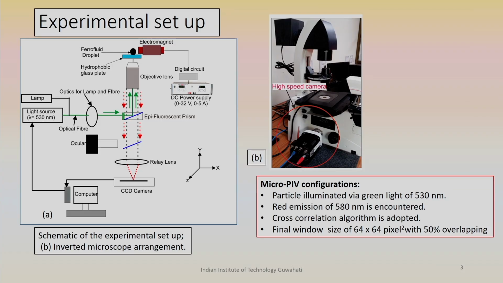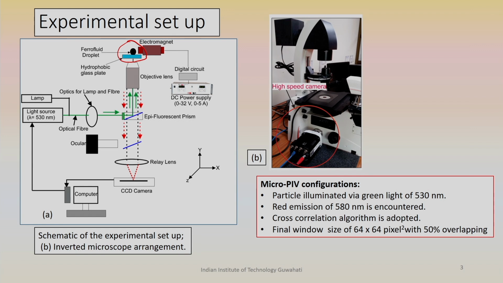Today we will be using a light, as seen from the schematic. A lamp is used to provide light, and the wavelength is given. Now, the object is shown at the top. So, this is the object.